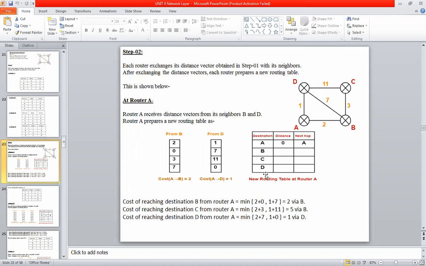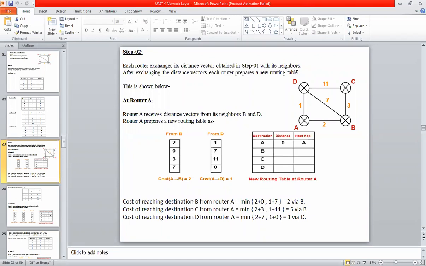Least cost is nothing but adding the weights mentioned in the graph. Here in the PPT, in step 2, each router exchanges its distance vector obtained in step 1 with its neighbors.